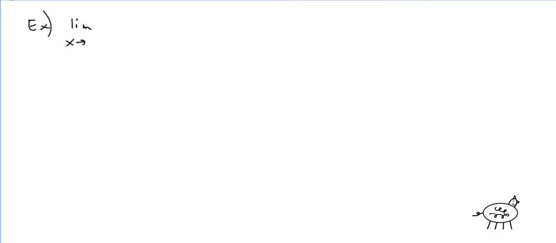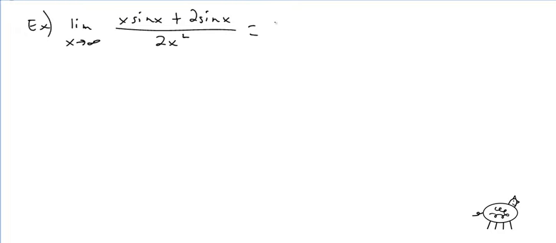Limit as x approaches infinity of x sine of x plus 2 sine of x, over 2x squared. What I know here, math fans, is I can split this up, because remember the first rules of limits. This is addition, so I can use the sum rule.